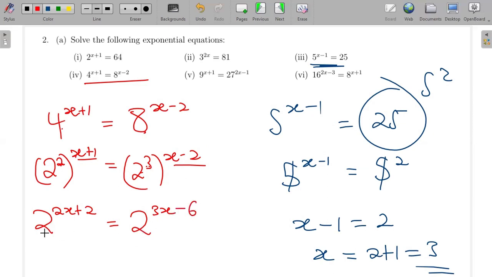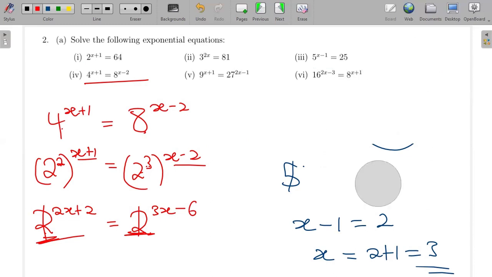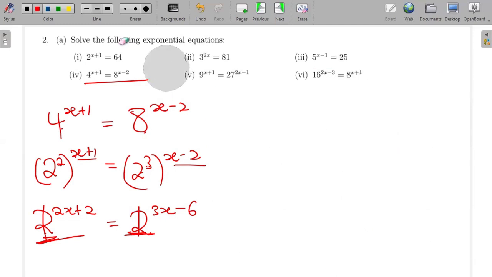Now we see that we have the same bases there and there, so we can cancel them out. What do we remain with? We remain with 2x + 2 = 3x − 6.